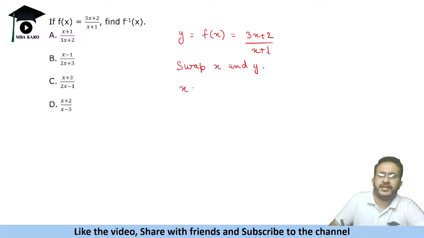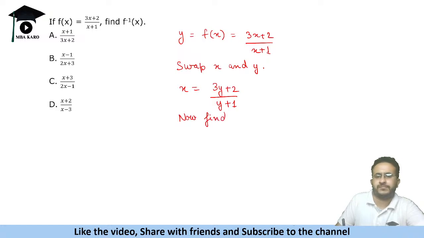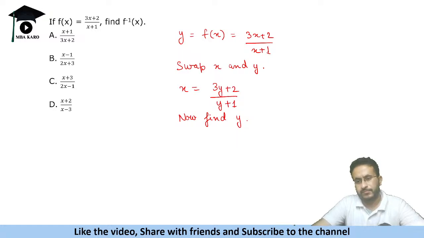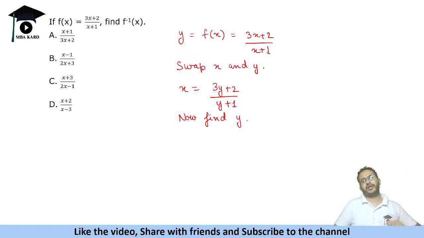So that means x is equal to (3y plus 2) upon (y plus 1). Now find y. Find what is the value of y and you will get the inverse of this function.